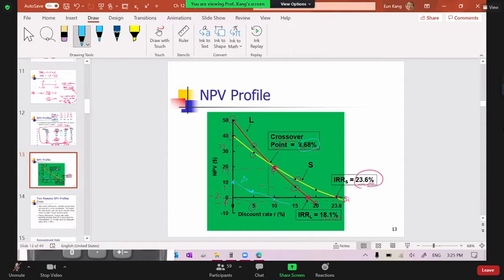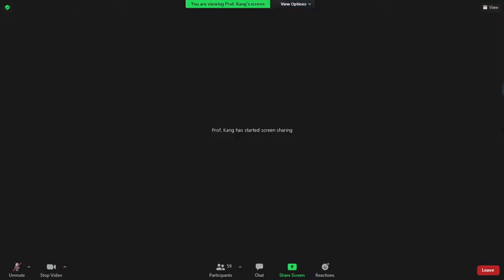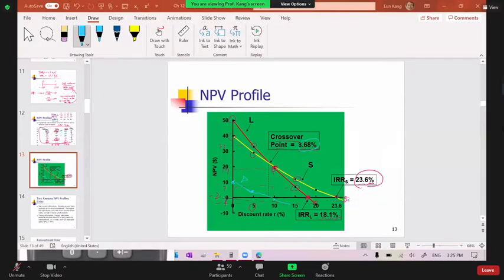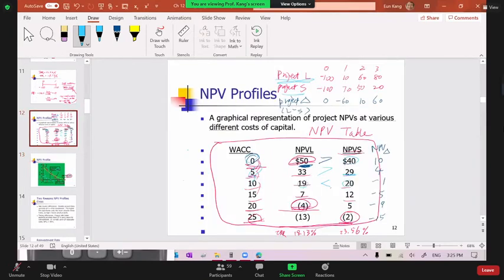Professor, if you don't mind, can you show me how you got the IRR? I got the cash flows and the NPV, but then I lost you with the IRR. Okay, IRR of delta, all you have to do is what? Enter cash flow 0. This is CF0, C01, C02, C03, right?